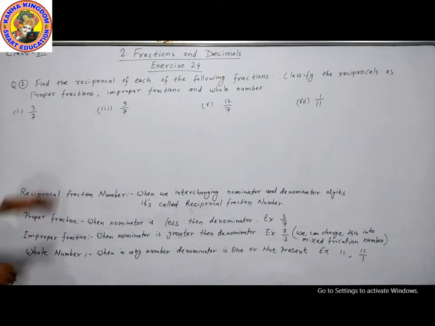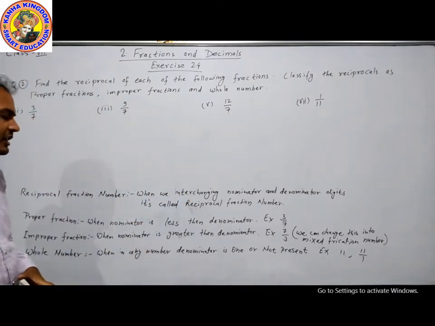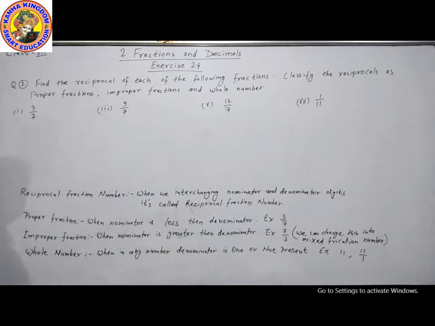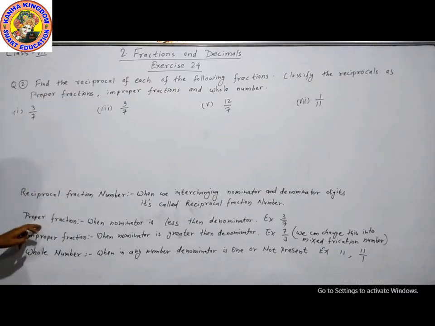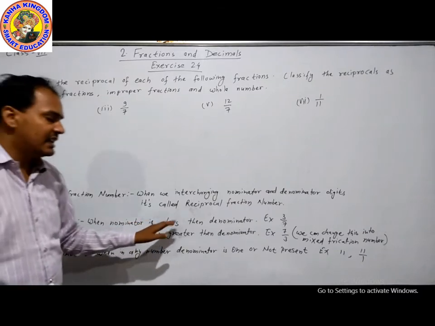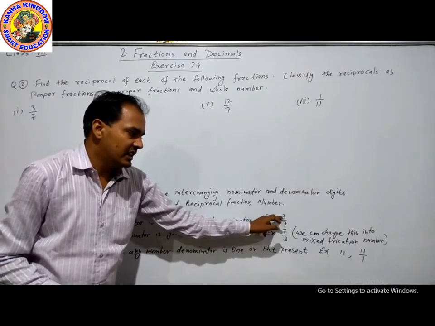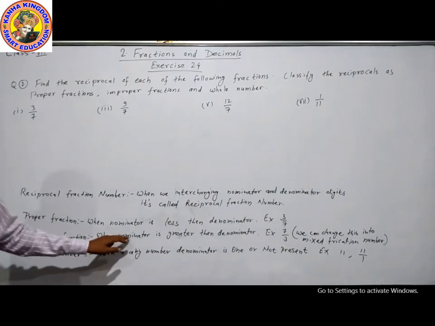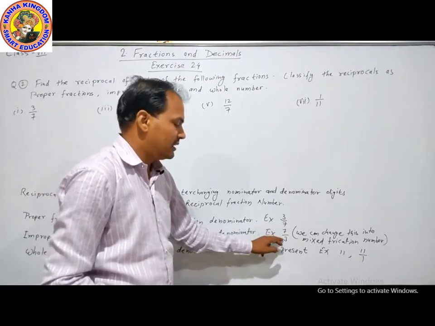Now the question is find the reciprocal. The definition of reciprocal: when we interchange numerator and denominator digits, it is called reciprocal fraction number. Proper fraction is when numerator is less than denominator, like 3 by 7, 3 is less than 7. Improper fraction is when numerator is greater than denominator, for example 7 by 3.